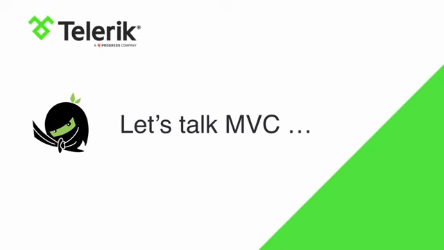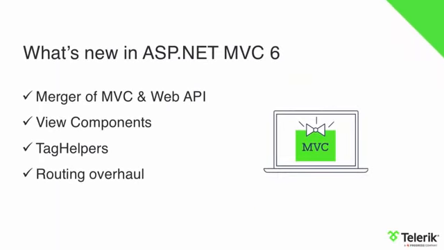So let us do a quick overview of some of the broad things that are changing, and we begin with MVC. ASP.NET 5 includes the next generation of MVC, and that's MVC6. Ed will talk more about MVC in just a bit, but let me cover some of the broad points. MVC6 sees the merger of two familiar technologies, MVC and Web API. With just simple data annotations, you can now decide whether your controller returns HTML markup as an MVC controller or data as a Web API.